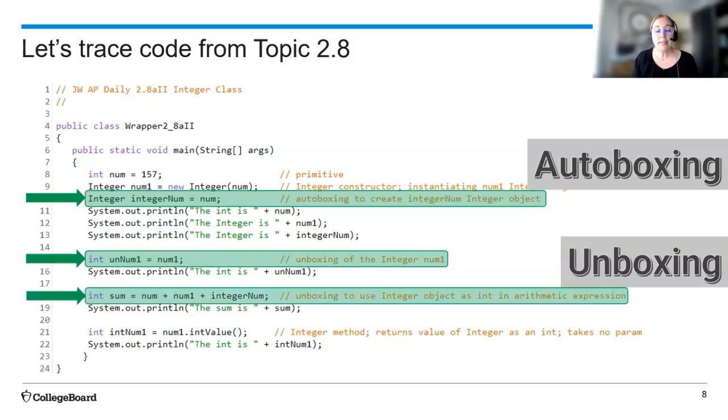On line number 18, I declare a primitive int named sum and use an arithmetic expression to allow us to compute the total of one primitive object, and unboxing allows us to grab the values from the num1 and the Integer num, which of course are both Integer objects.